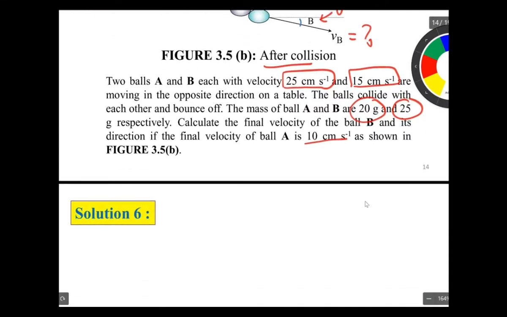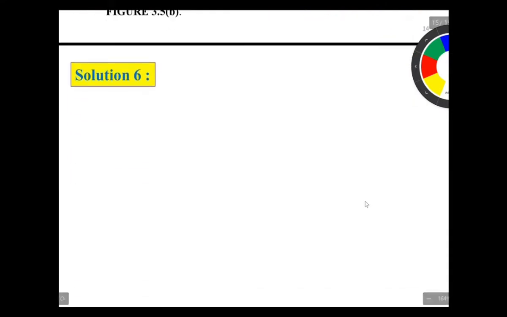Okay, so ini persamaan ni melibatkan komponen X dan komponen Y. Dia melibatkan vektor collision. Okay, so kita lukis balik. Bola A, bola B. Okay, so A bergerak to the right, B bergerak to the left.